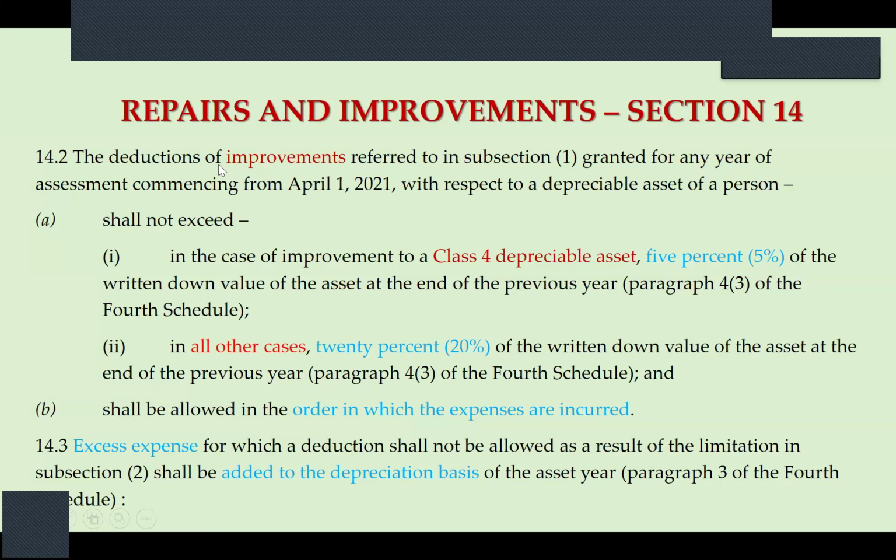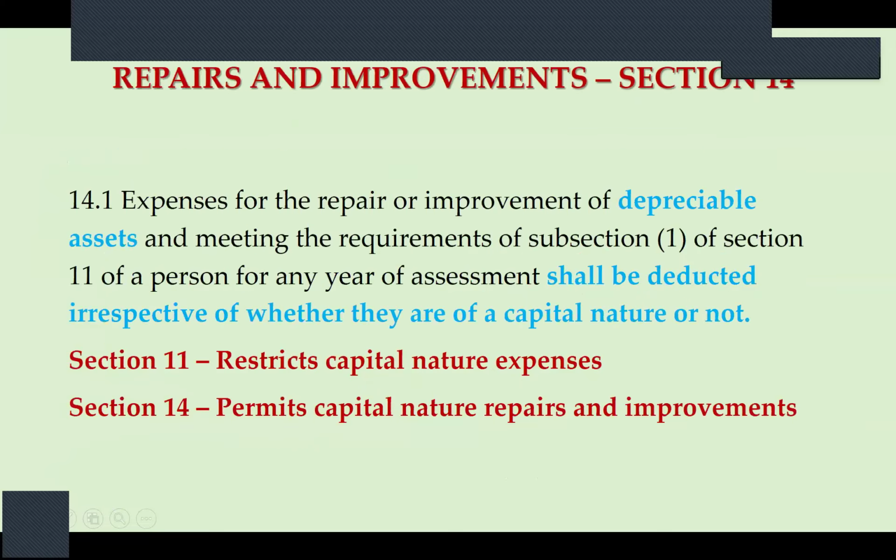So if that deduction is for the improvement, then we can deduct that expenditure subject to the conditions given under this part. That means subsection 1 says if repair and improvement expenditure is incurred on a depreciable asset, then irrespective of whether they are capital nature or not, it can be deducted under subsection 1.